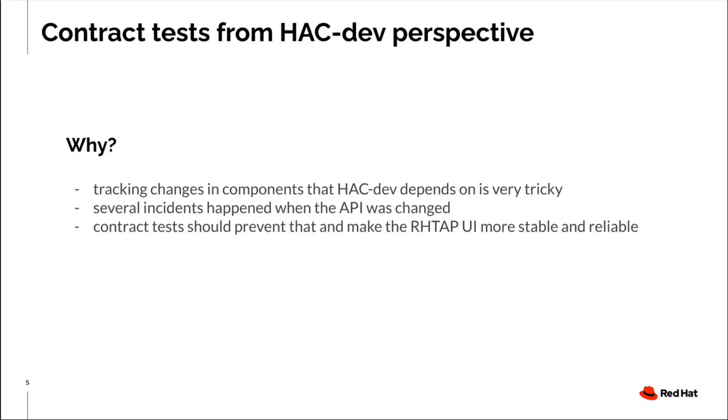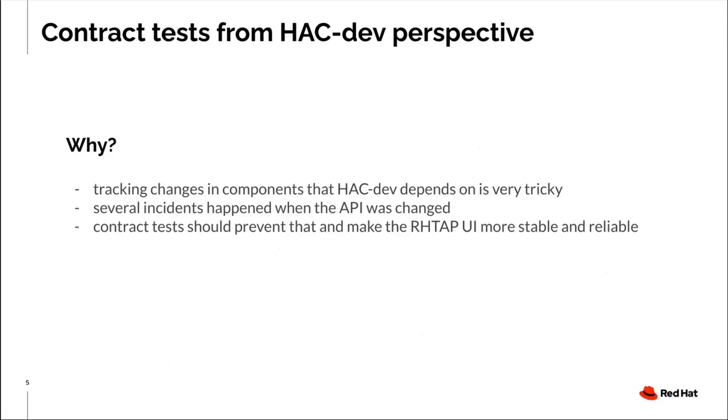And why do we want to have a HAC-dev contract test in place? HAC-dev is communicating with several other components like application service or SPI, and it is very tricky to watch all the changes happening in those components and to make sure that the API is not changed and the data returned are still the same, and so on.